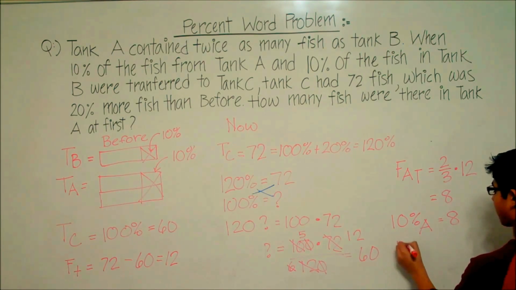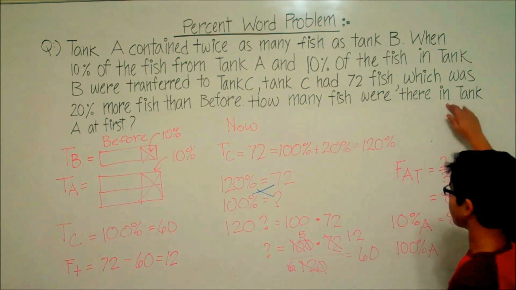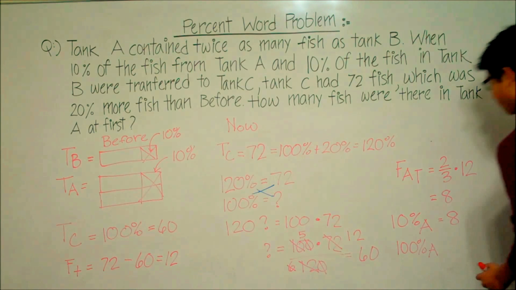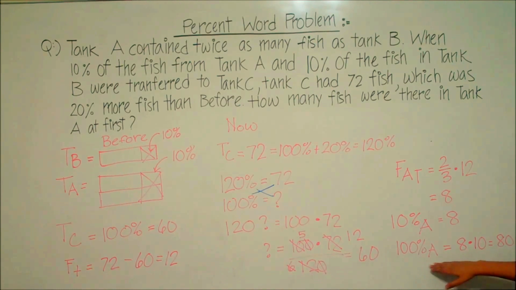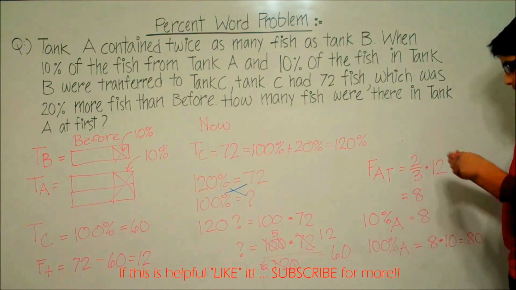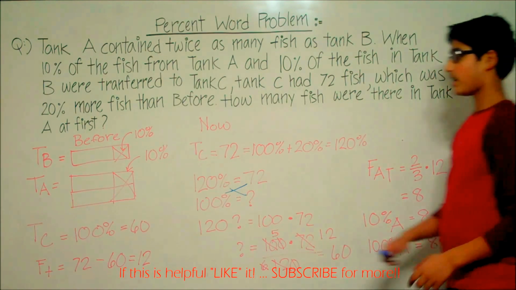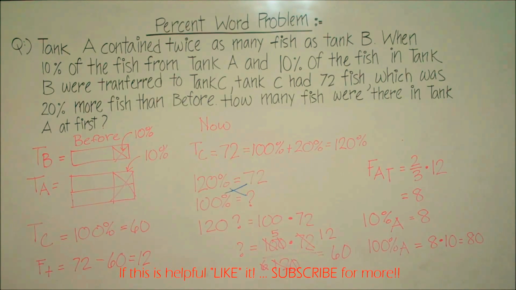So 100% of Tank A, because we're trying to find out how many fish were in Tank A at first, is equal to 8 times 10, which is equal to 80. So 100% of Tank A is equal to 80. So the answer to this question, how many fish were there in Tank A at first, is there were 80 fish at first.